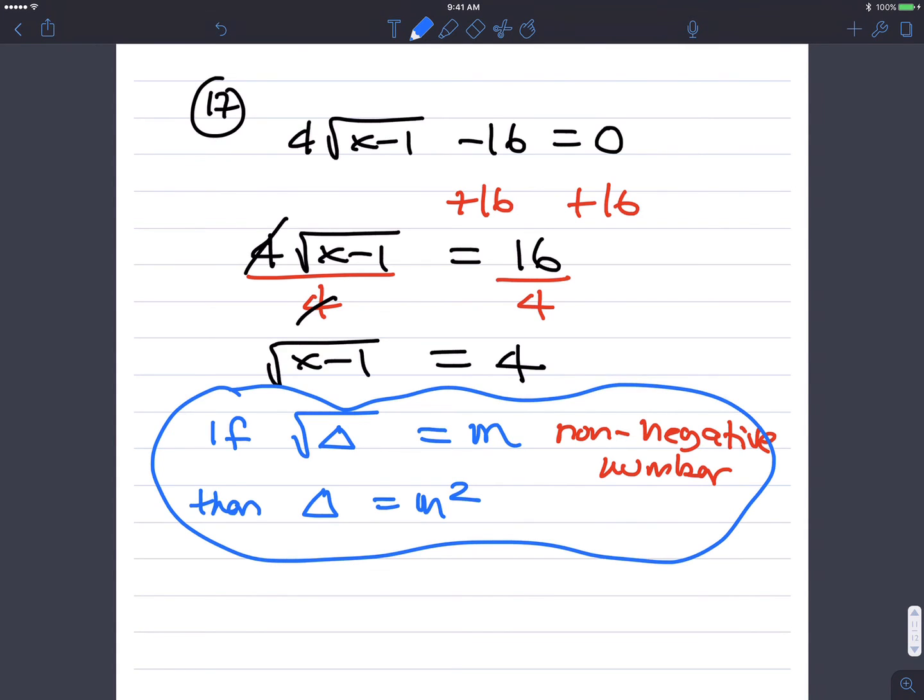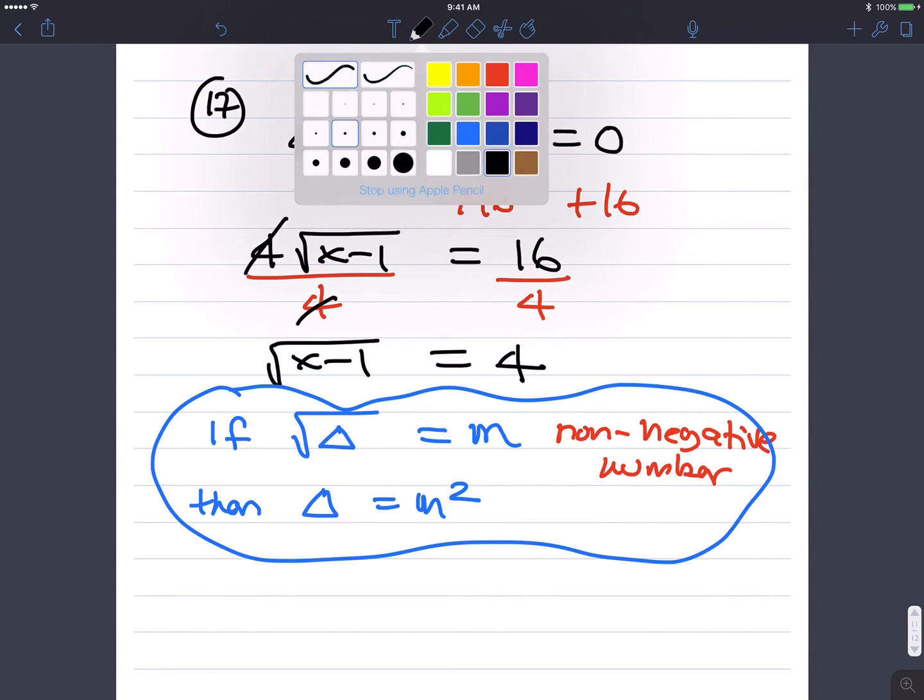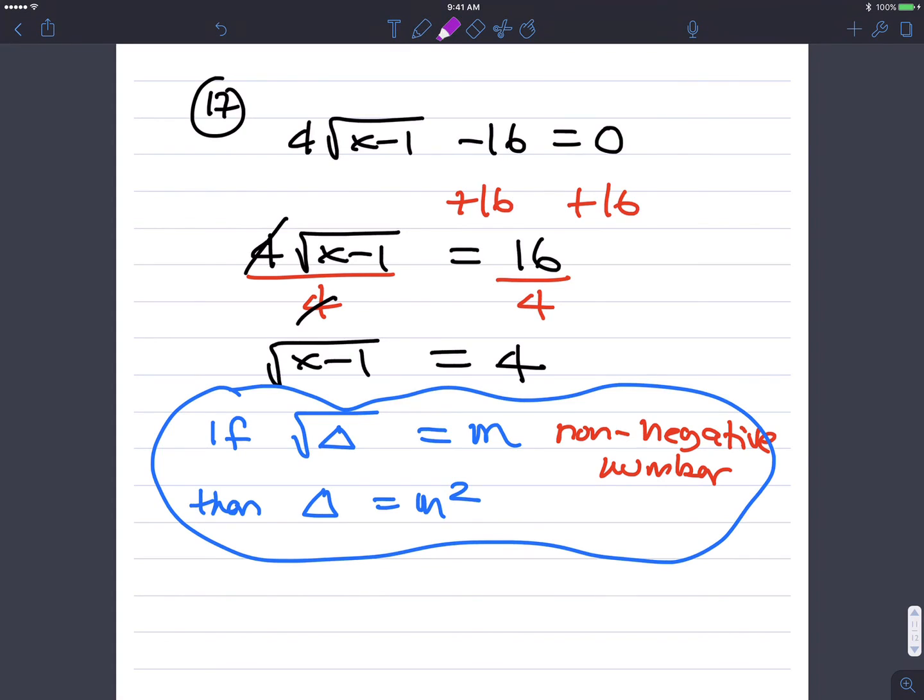So what that means for us in this setting here is that since I have already the square root of something under my radical, an x minus 1 in this case, is a non-negative number, I can say that x minus 1 is actually 4 to the second power.